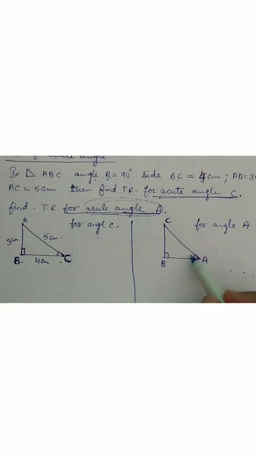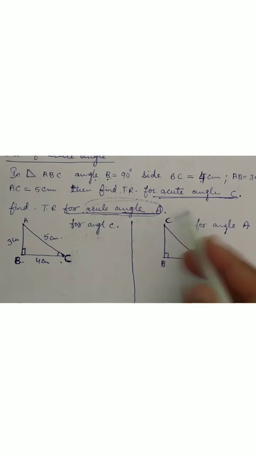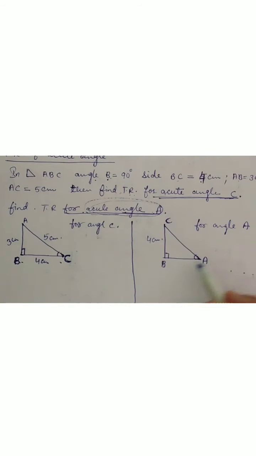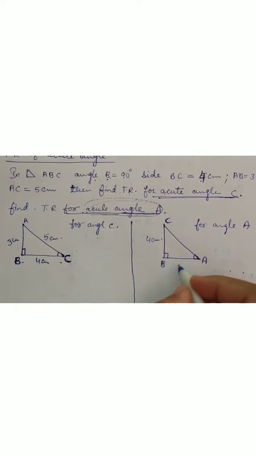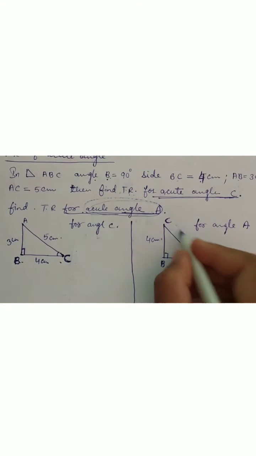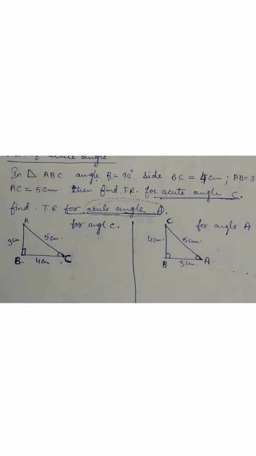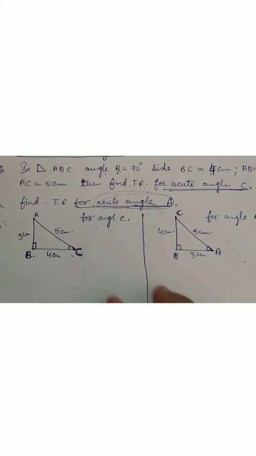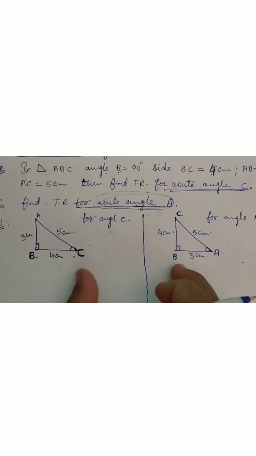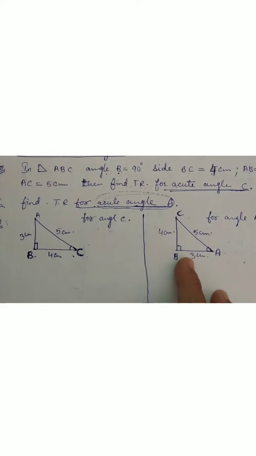For angle A, for second problem, here BC is equal to 4 cm, AB is equal to 3 cm and AC is equal to 5 cm. Now we can see the difference between the diagram.